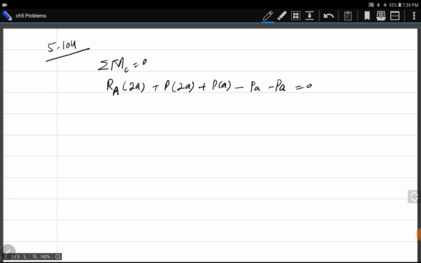Okay. If we simplify this expression, RA becomes P over 2. So reaction force, which I have assumed to be upward, has become positive P by 2. Okay. Now I will draw a free body diagram here.